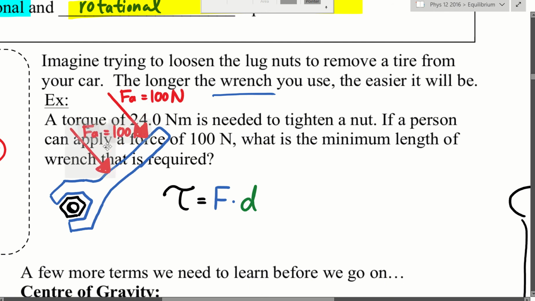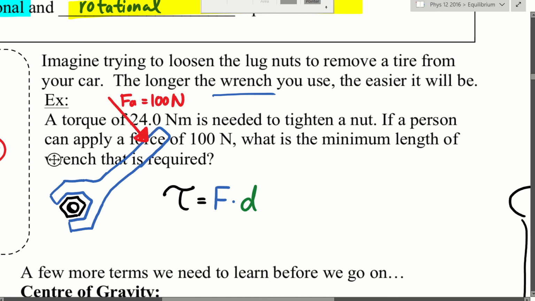You can push it from here. You can push it from the middle of that handle. You can push from the very end of the handle, or you can push from very close to the nut on the handle. But where do you actually push? It's up to you. But it turns out that the further you go from the center, the easier it is for you to actually do your job.